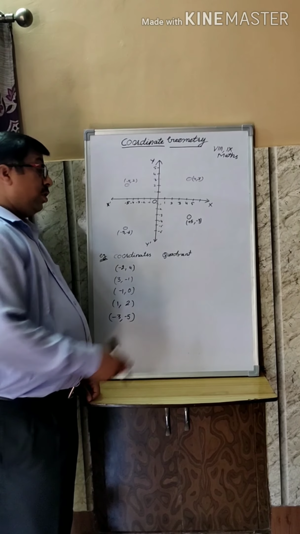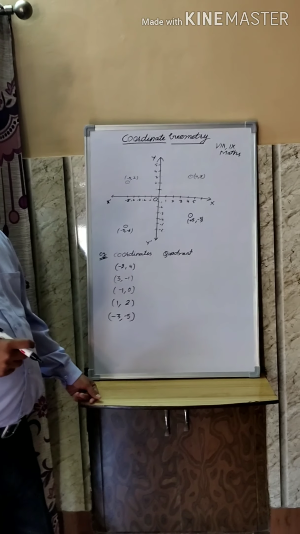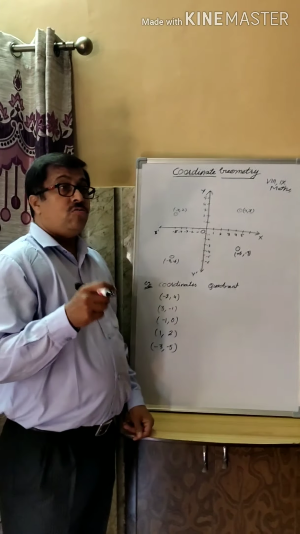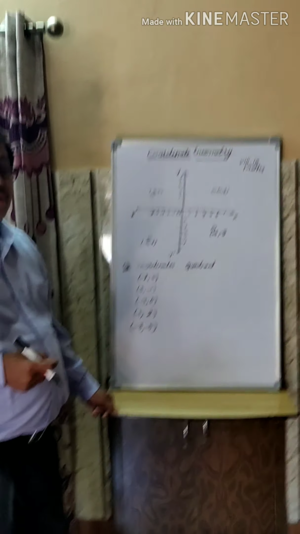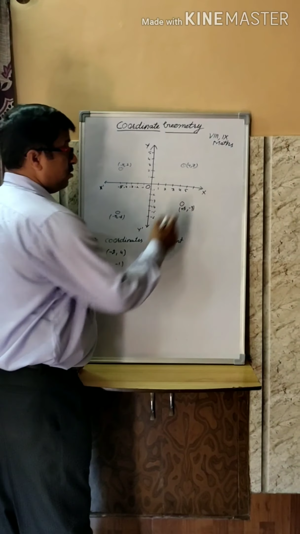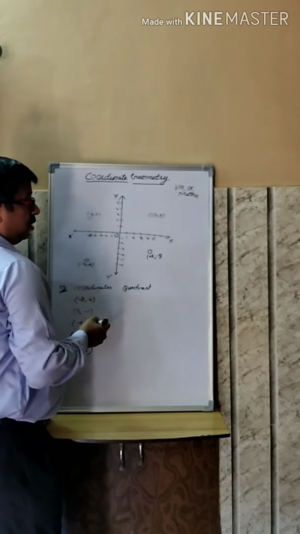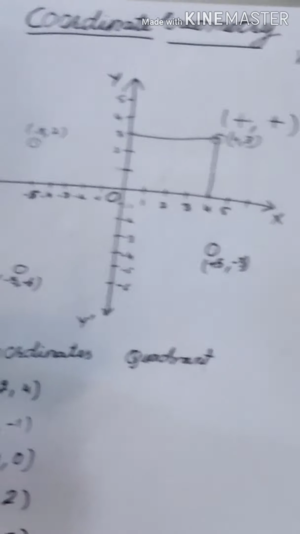If the graph is not given, if coordinates are given without a graph, how can you say in which quadrant the point lies and on which axis it is lying? Now you see on the graph, this point is 4, 3. It means x is 4, y is 3. Both are positive, so x coordinate is positive and y coordinate is positive.